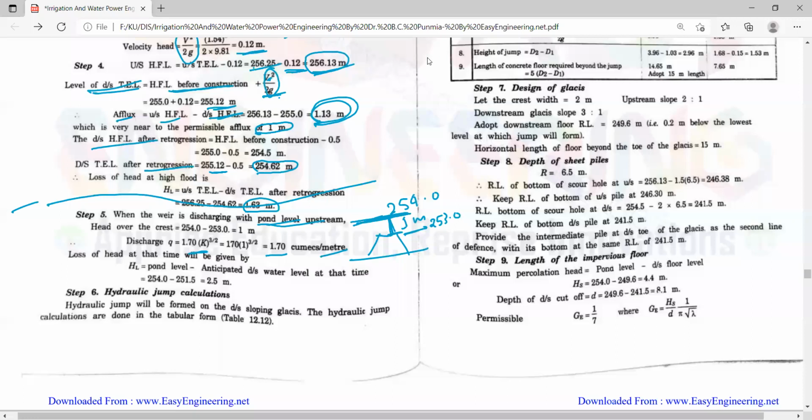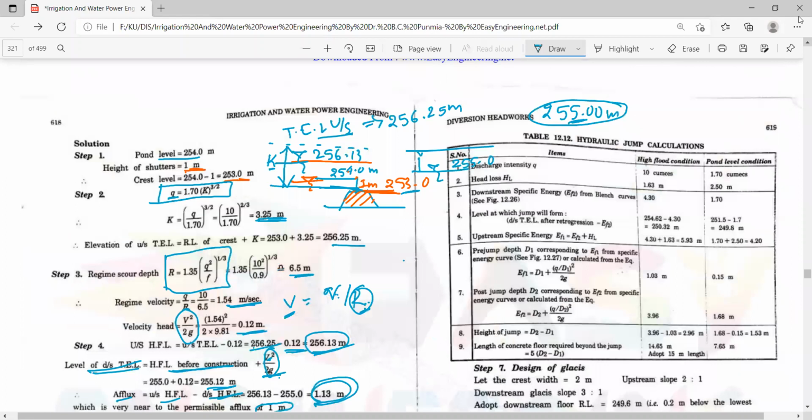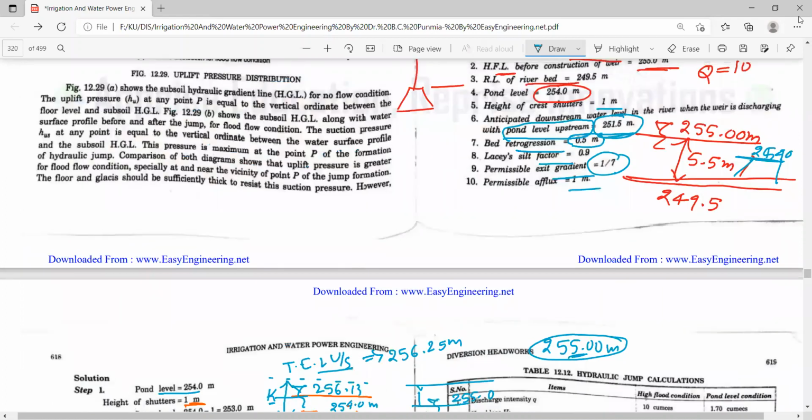Then again we need to calculate the loss of head. If you consider the pond level, the loss of head will be the pond level on the upstream side, that is 254, minus the anticipated downstream water level given in the problem. Once again I'll show you here. The anticipated downstream water level in the river when the weir is discharging with the pond level will be 251.5 meters.